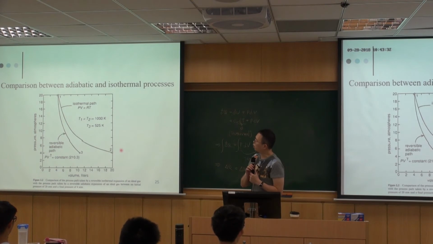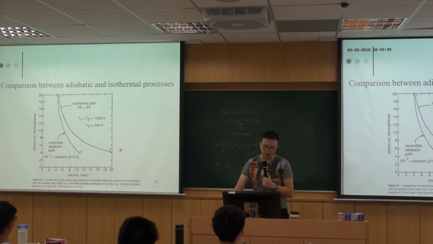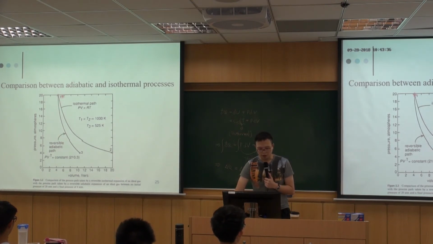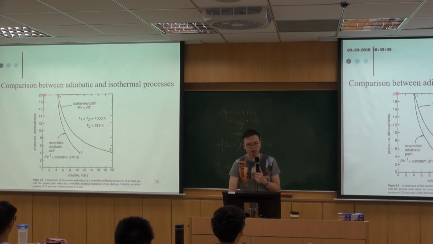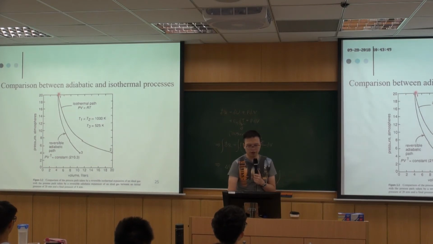So there are several important features for this figure. Say we all start from state 1 over here, at 20 atmospheres, 20 ATM, and the initial state has a volume of 4 liters.